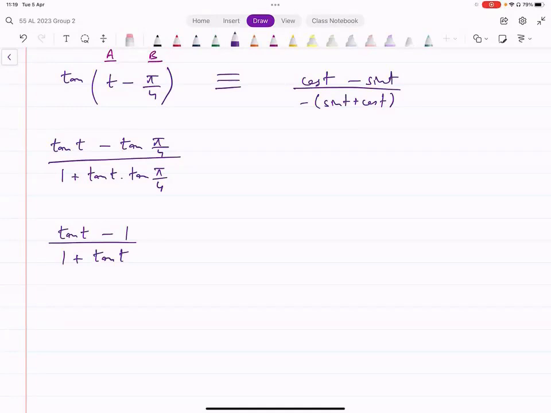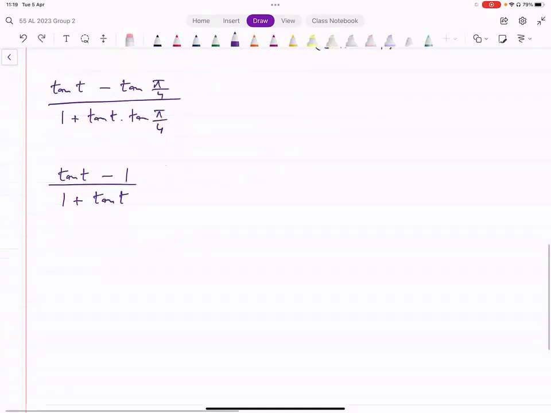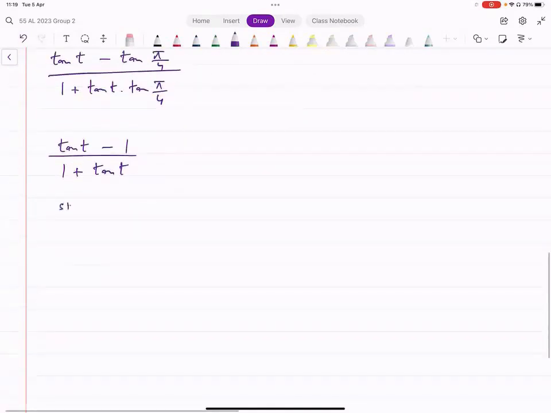Okay? Now we have this in the form of tan. We want something in terms of sin and cos, so let's convert tan into sin over cos. It becomes sin t over cos t minus 1 divided by 1 plus sin t over cos t.